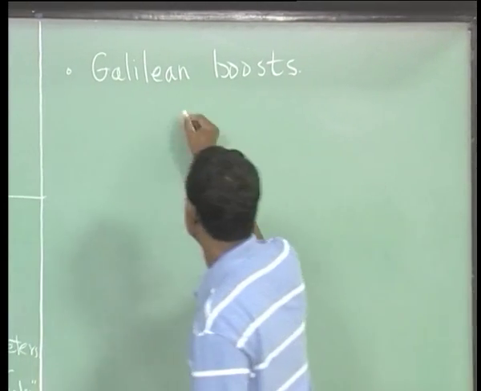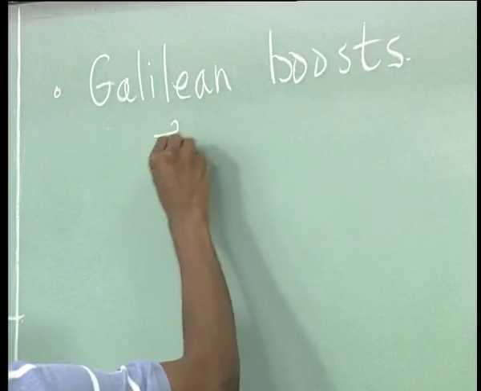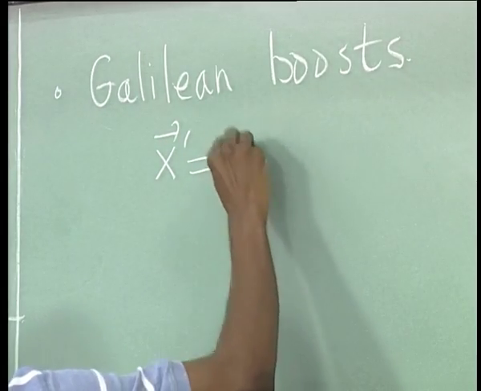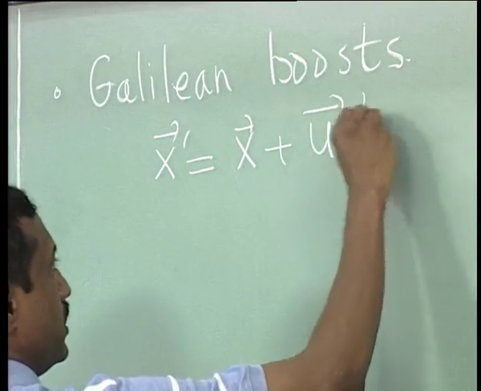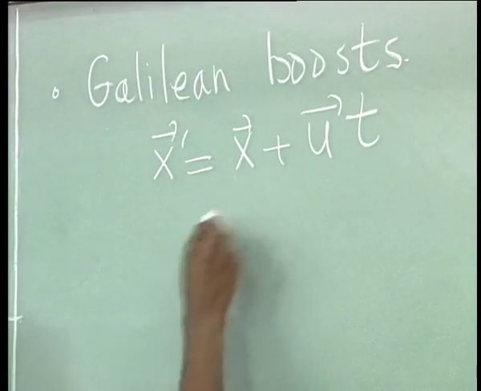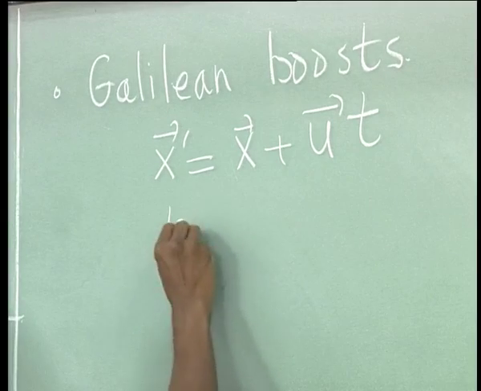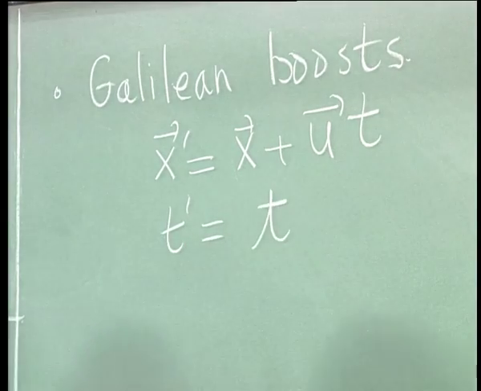Okay, which is the following. So these are exactly the coordinates: x prime equals x minus u t, and t prime equal to t.